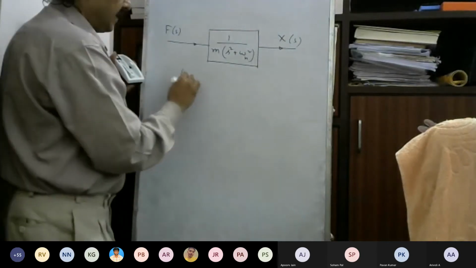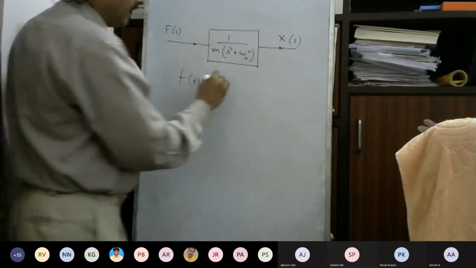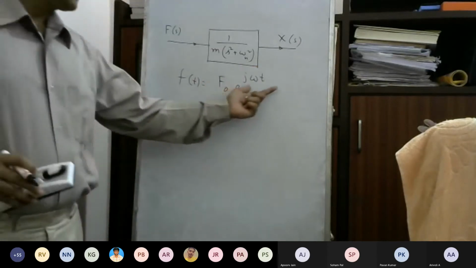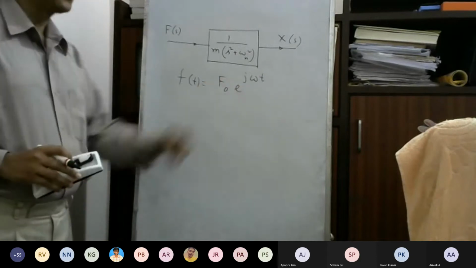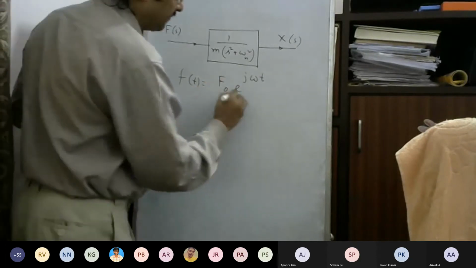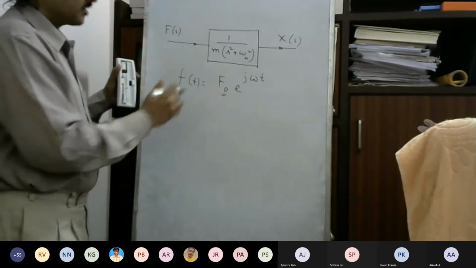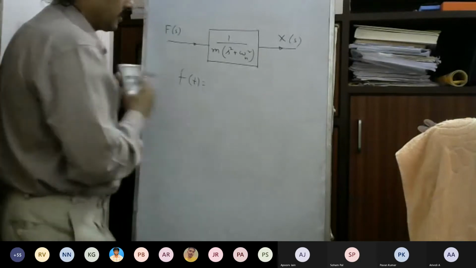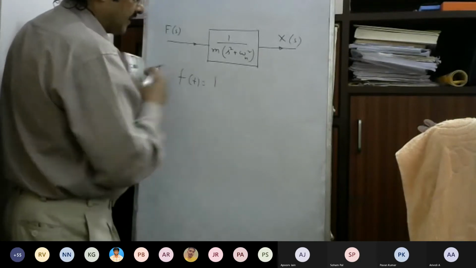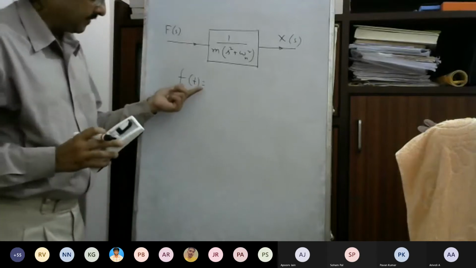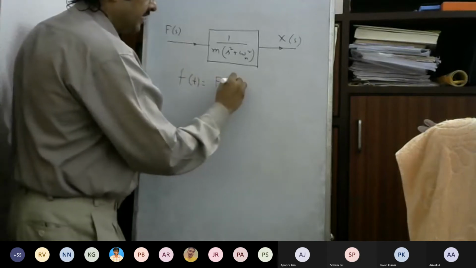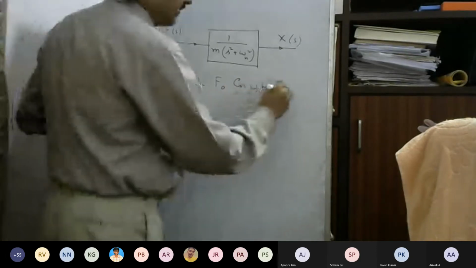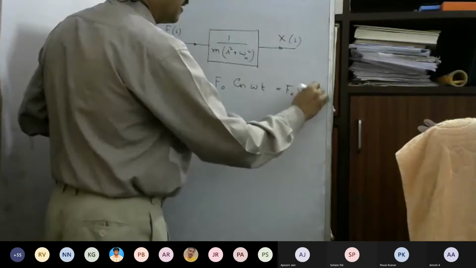Now what I get is that I put this function, let us say F naught e to the power j omega t, in a general form, because maybe a phase difference could be there or not, because this F naught may be considered as a complex number. So what we'll do frequently is that the forcing will be, let us say, cosine omega t or sine omega t.